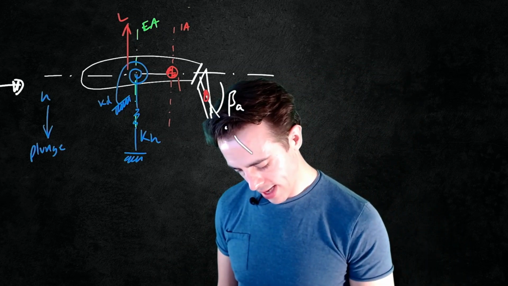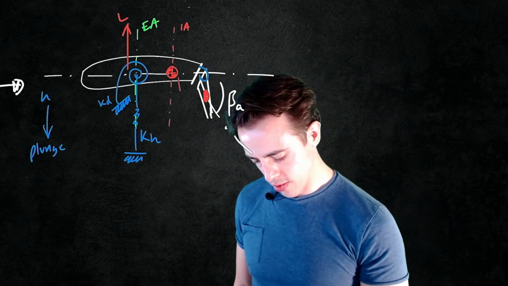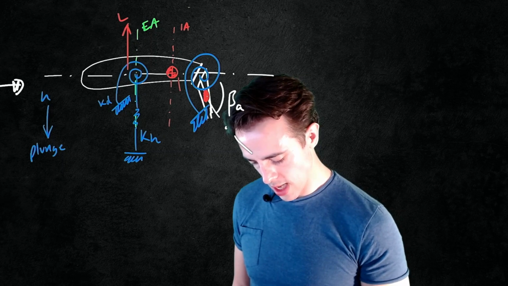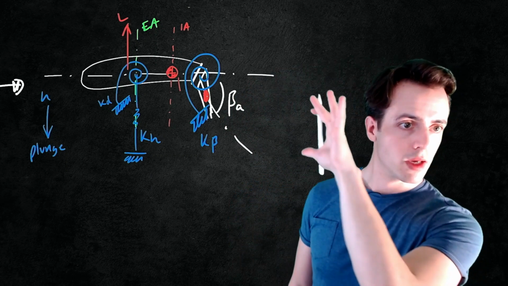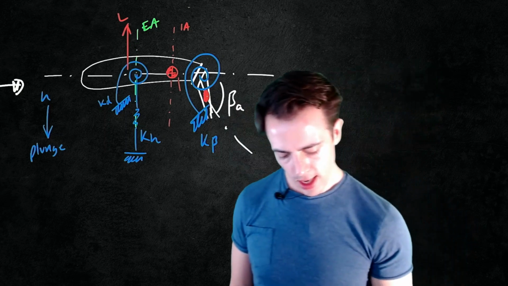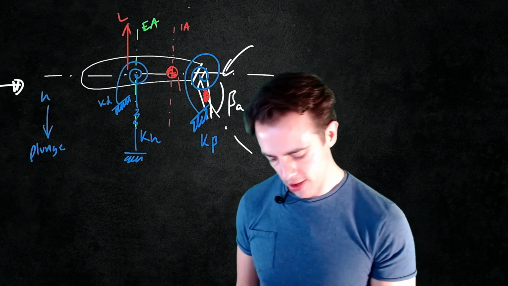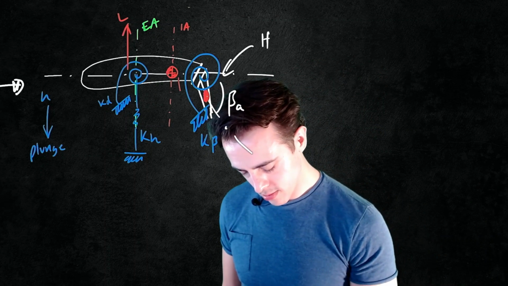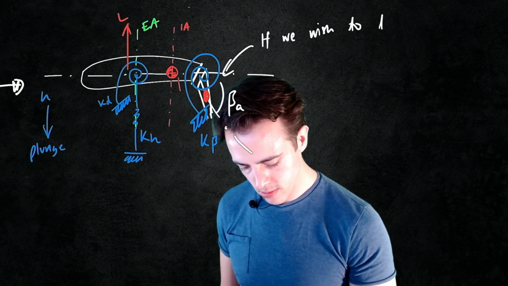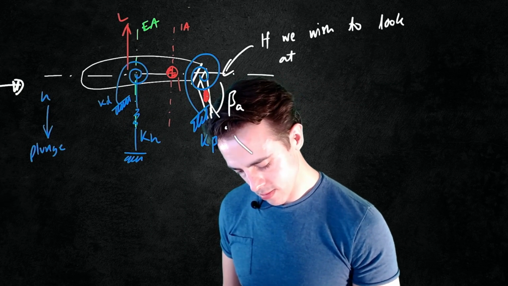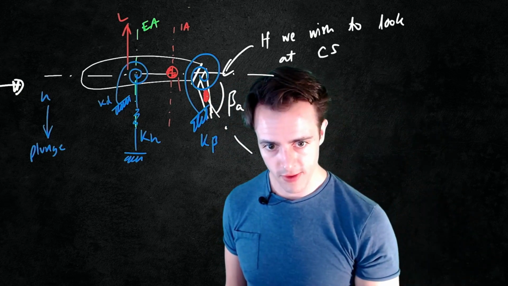We then have a second mass in here, and we would then have to have a torsional stiffness here, and we would call this K beta, for example. Okay, so we're going to be making this model more complicated if, for example, we wish to explore the effect of aileron deflection, or control surface deflection.